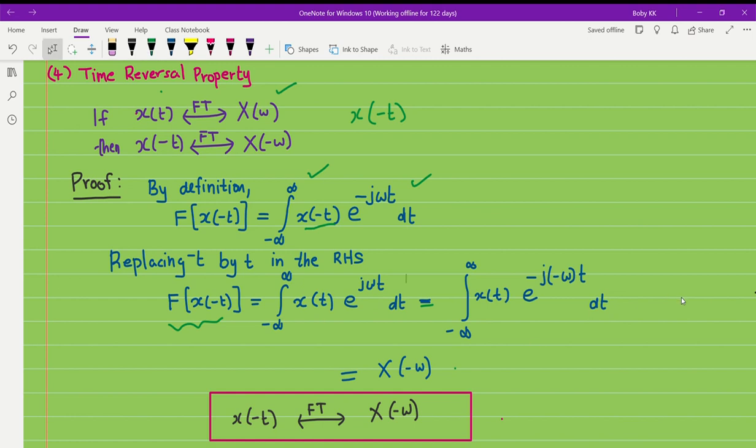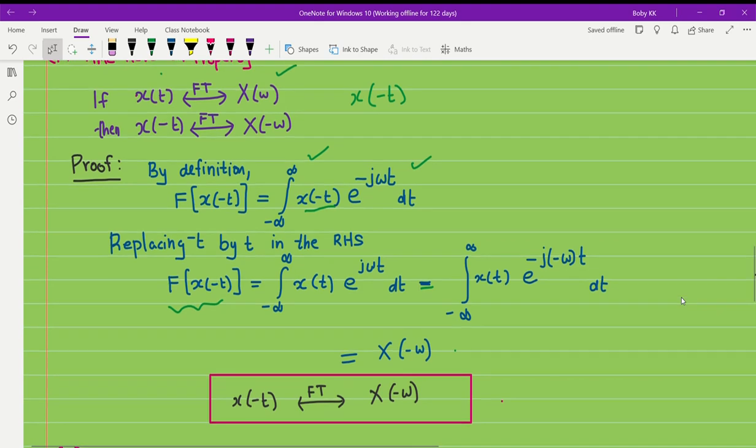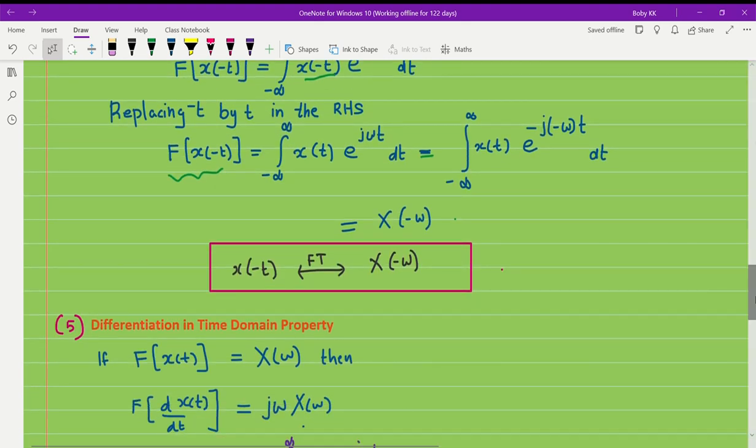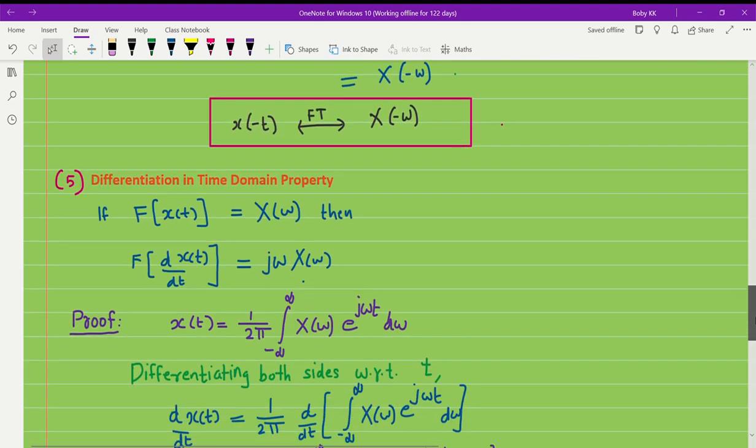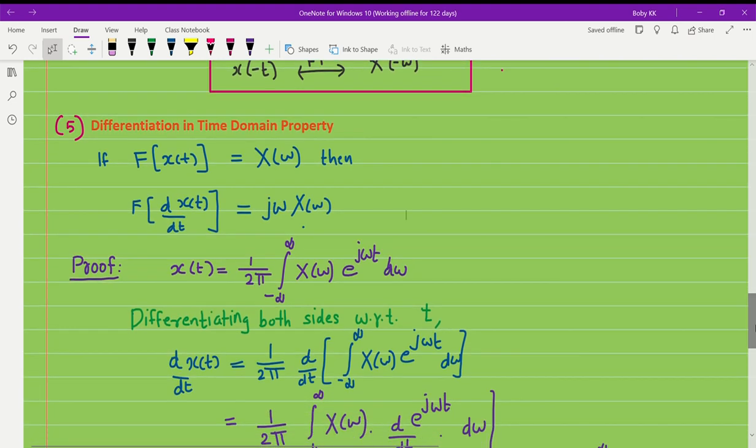Now let us see the next property of the Fourier transform, and that is the differentiation in time domain property. When the Fourier transform of x of t is given by X of omega, then the Fourier transform of d by dt of x of t is j omega X of omega.